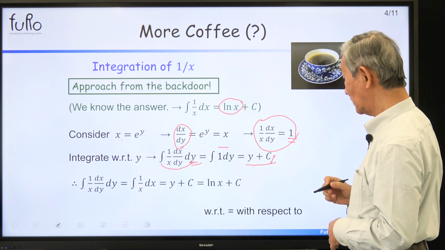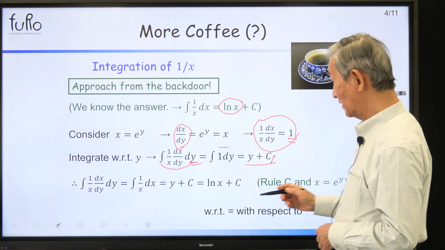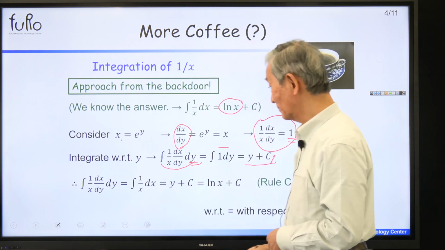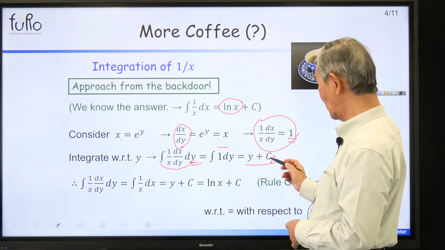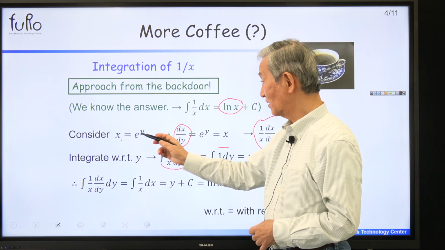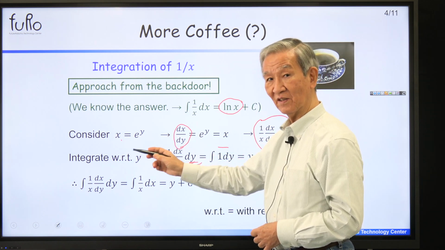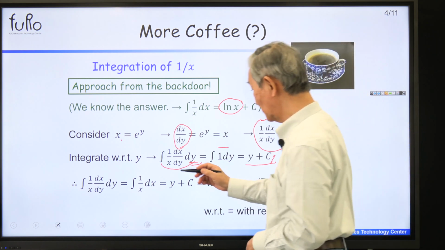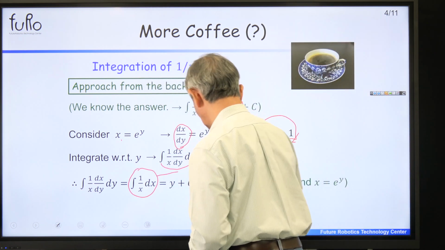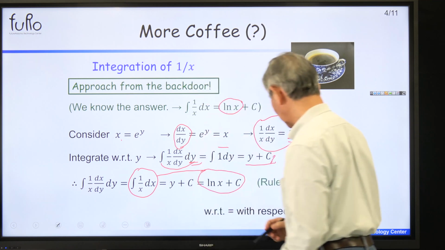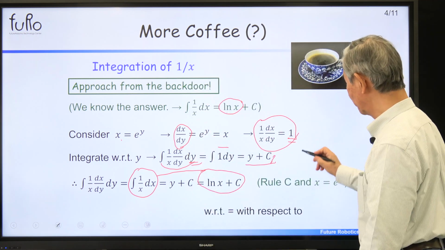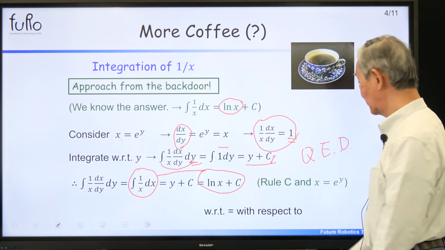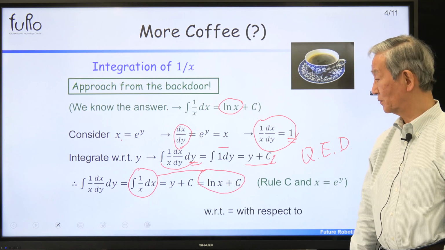So, applying rule C, this one becomes the integral of 1 over x dx, which is equal to y plus c, and y was what? From this relationship, y is ln x. Wow. So, you get this one here equal to that one there. QED. That's the end of the proof.